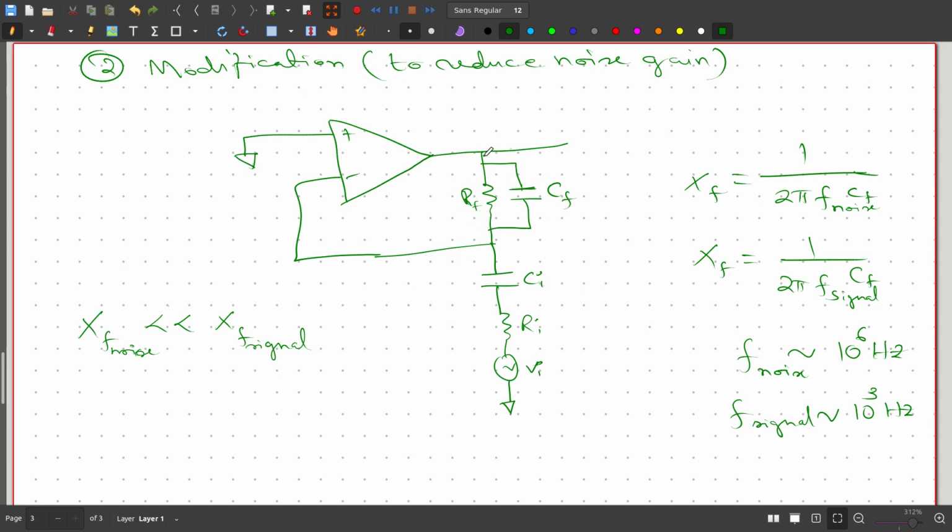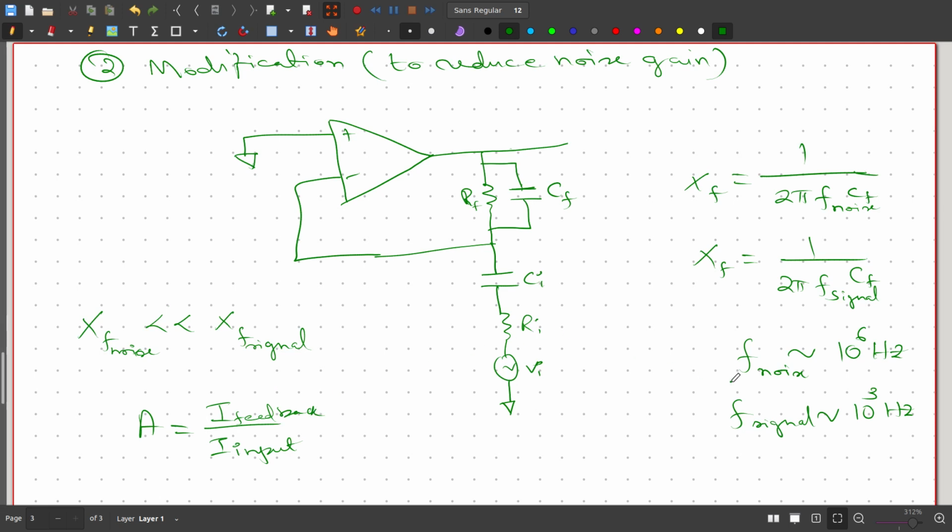Whenever the feedback reactance is very low, the gain also tends to decrease, because the gain is the feedback impedance divided by the input impedance. So for high frequency noise, the feedback impedance is very low.